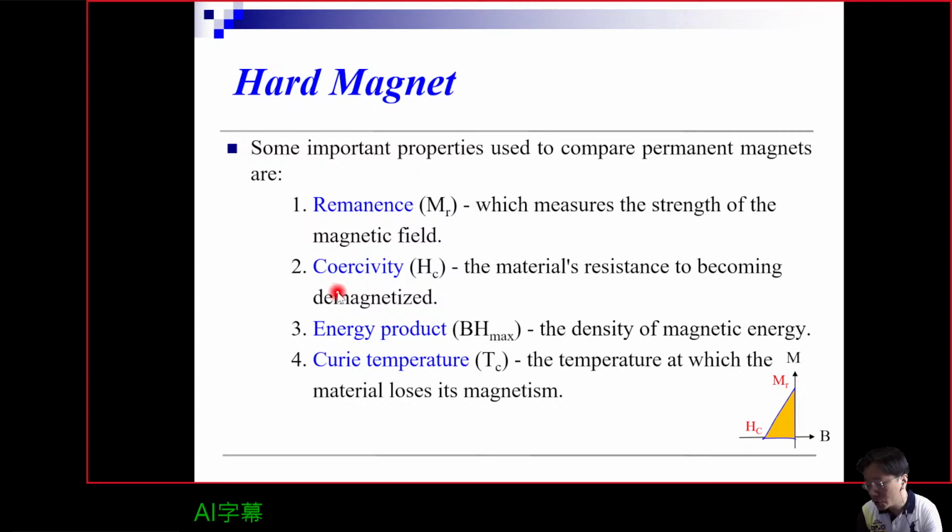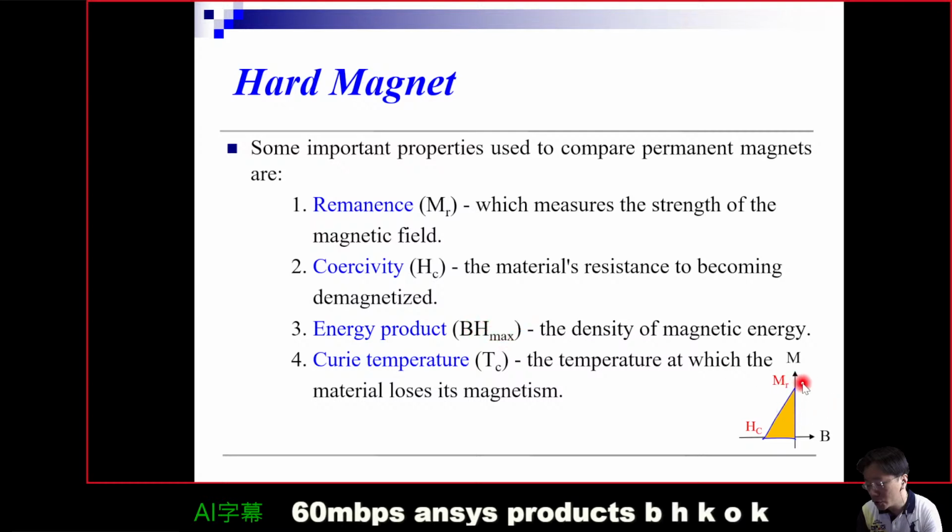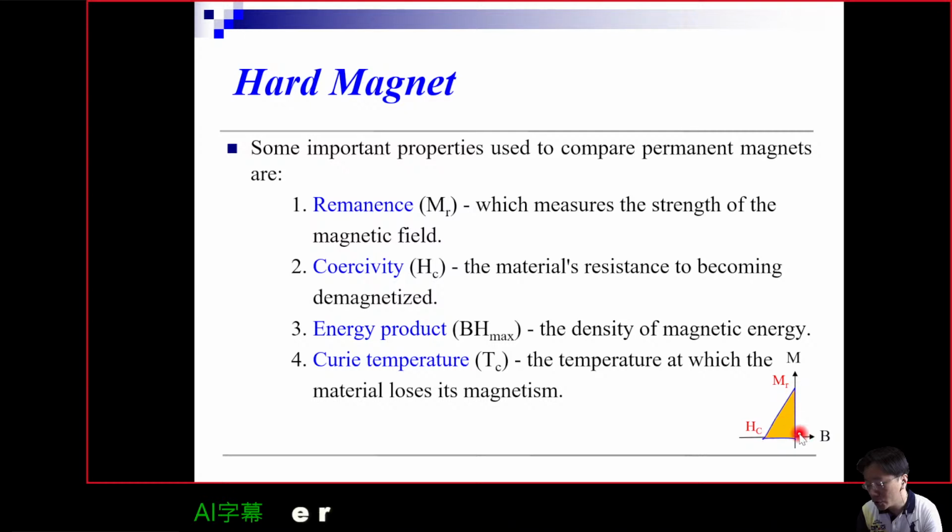The other is coercivity, the material's resistance to becoming demagnetized, which I just mentioned, the intercept of the curve at the axis. The third one is the energy product, B times H max, which is the area here: the density of magnetic energy stored in the magnetic material.